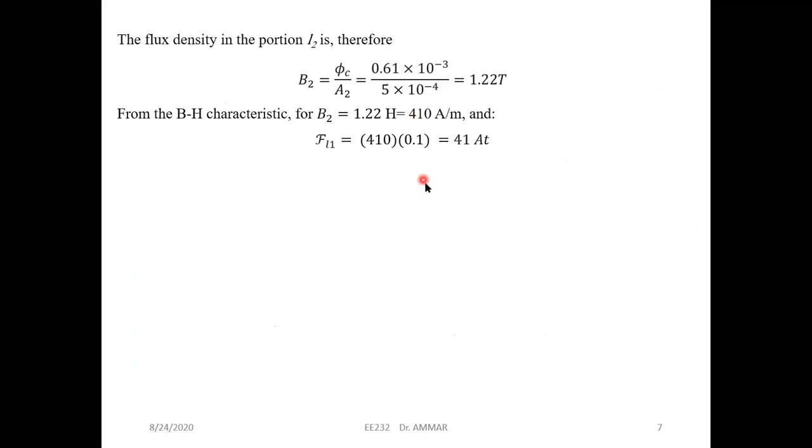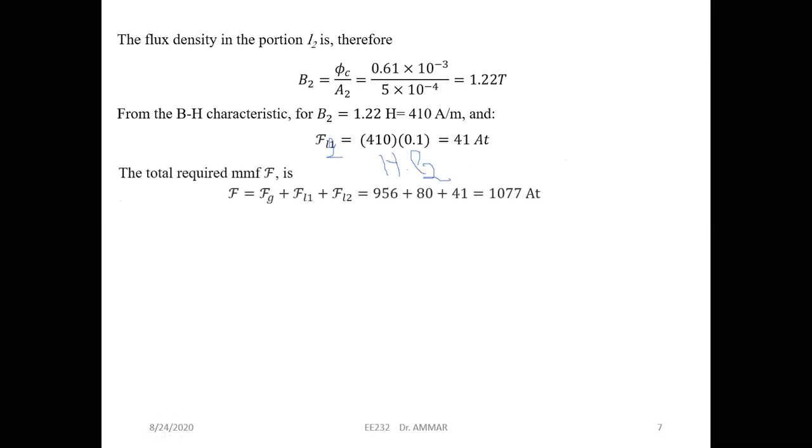So it's exactly 410. And here the MMF in L2, sorry, I have written L1, it's L2, is equal to 410 times L, where L is the length of L2, and it's equal to 41 Ampere-turns. Now the total required MMF is F_g plus F_L1 plus F_L2.